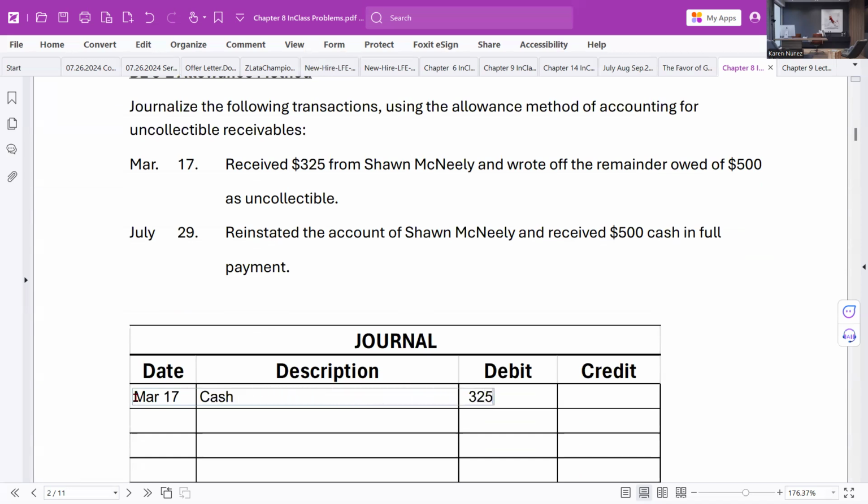Let's show the collection on the $325. We are writing off $500. It's the allowance method, which means we have an allowance account. So that $500 write-off is going to go against that account. And we've got to remove the receivable from our books.